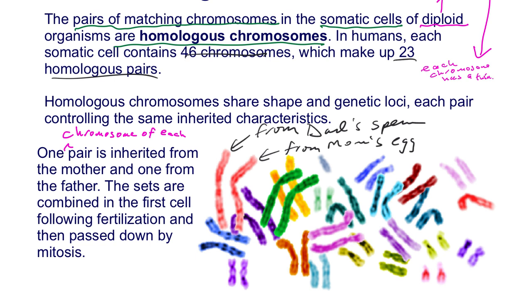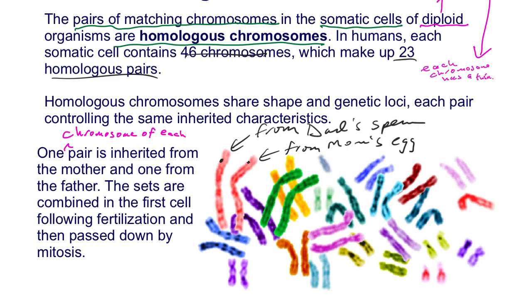So remember, each chromosome has the same genes if they're in a homologous pair, but you can have variants of that gene, like eye color. Your mom could have a blue eye color gene, and your dad could have a brown eye color gene.